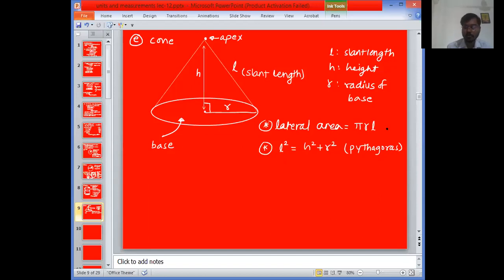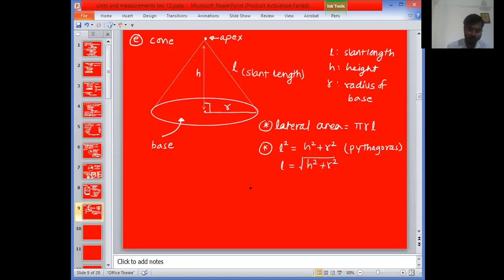And if you want to replace this value of L, taking square root on both sides, L is under root H square plus R square. You can replace L by under root H square plus R square.